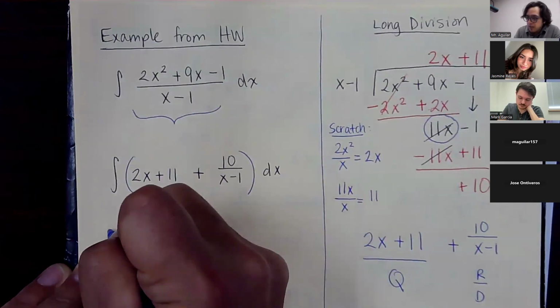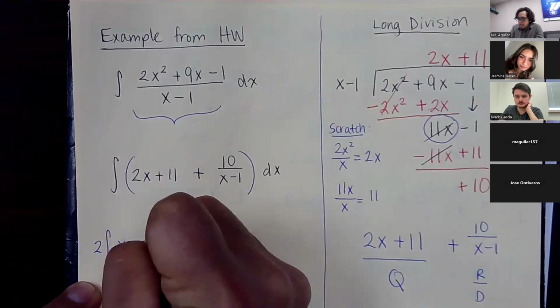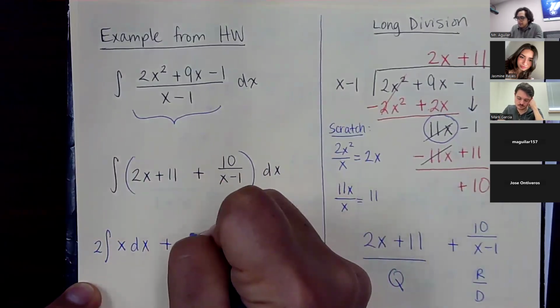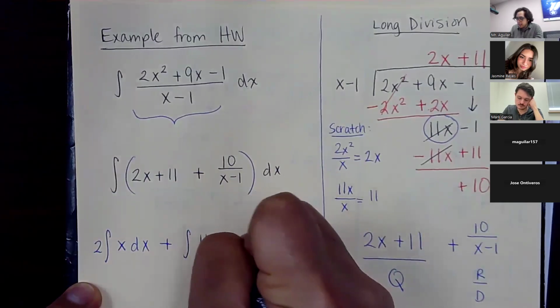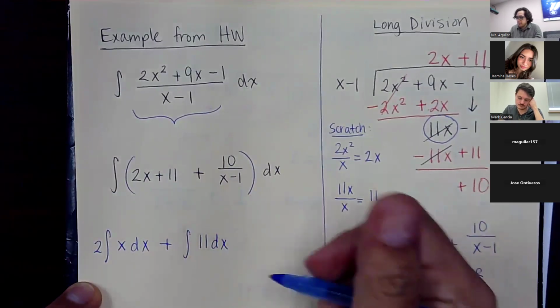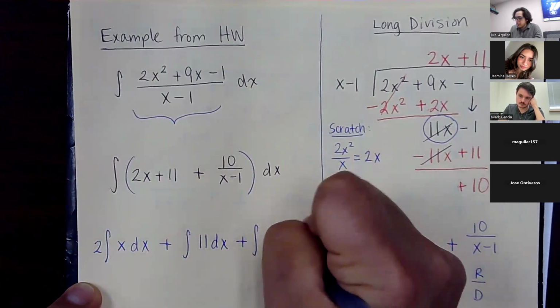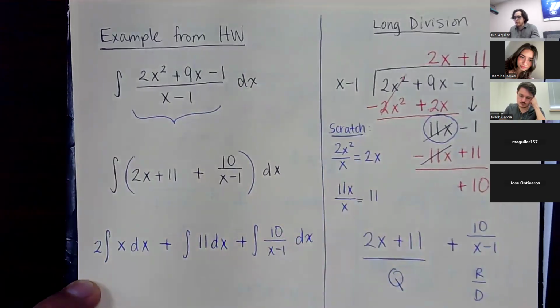So we'll integrate 2x dx, plus the integral of 11 dx, plus the integral of 10 over x minus 1 dx. Okay.